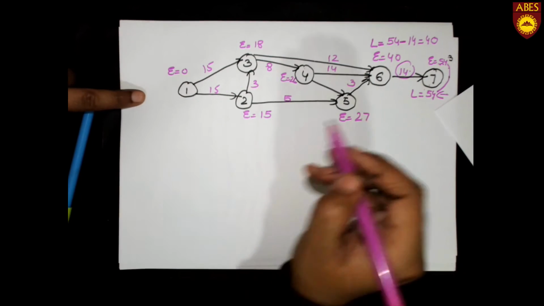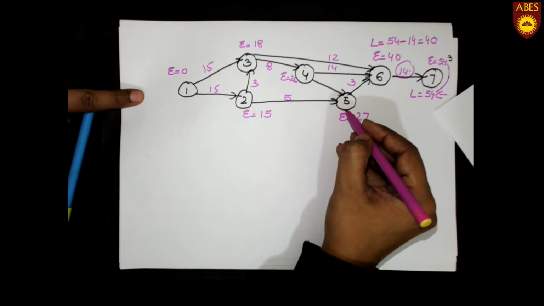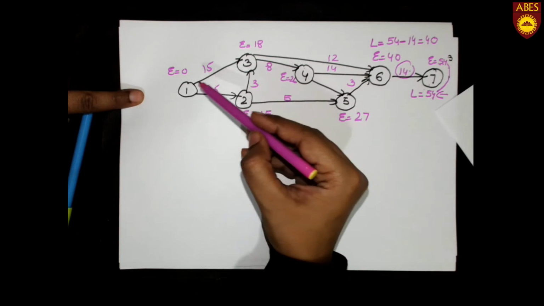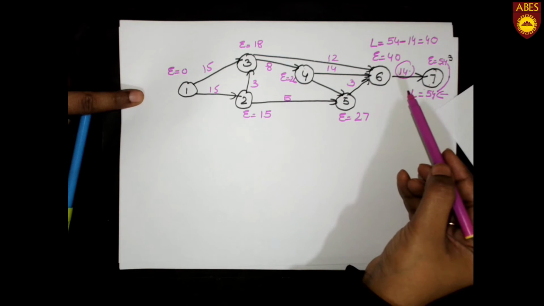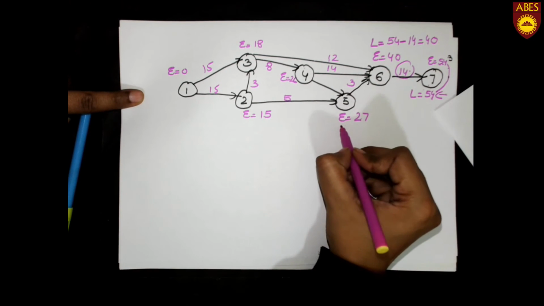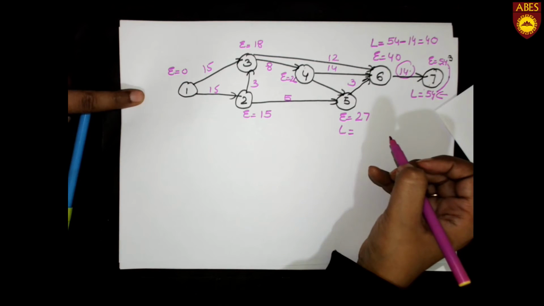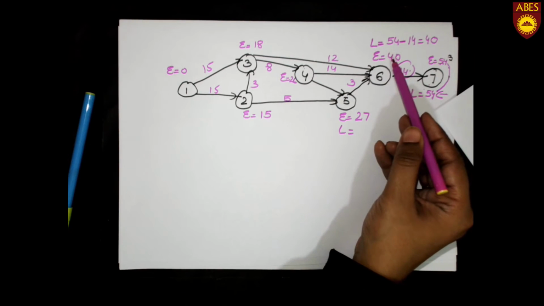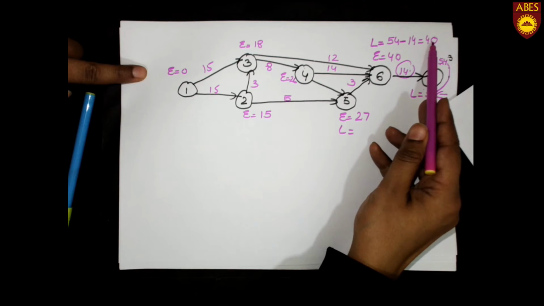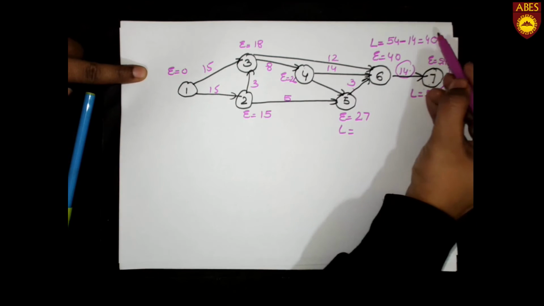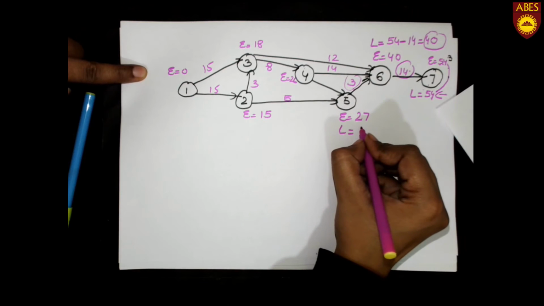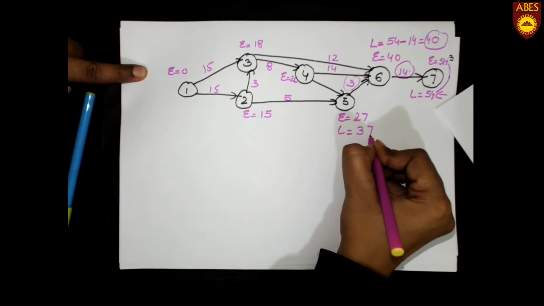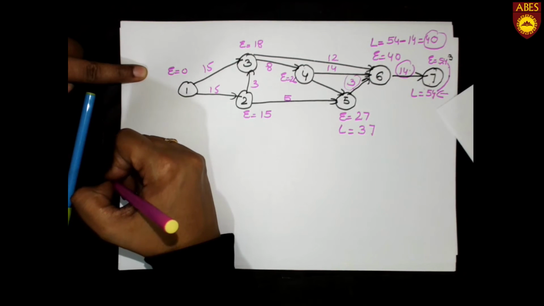Next we have to go to the fifth point. Same like that, we have to take a proper step in each iteration. Now here L is equal to 40 minus 3. It will be equal to 37. L over here is 37.